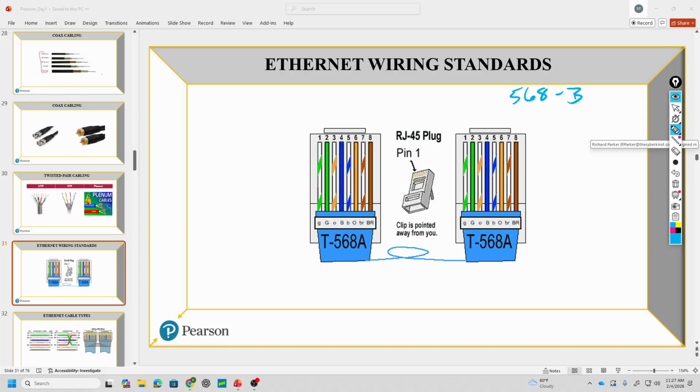The difference between these two, now this is what we would call a straight through cable. But the difference between A and B is these green wires and the orange wires.